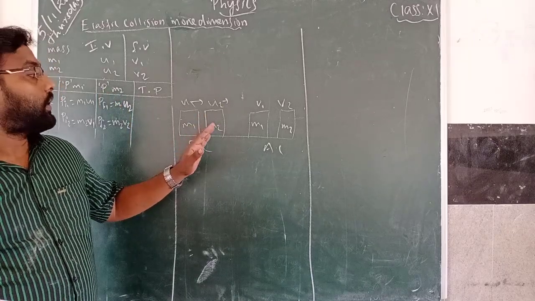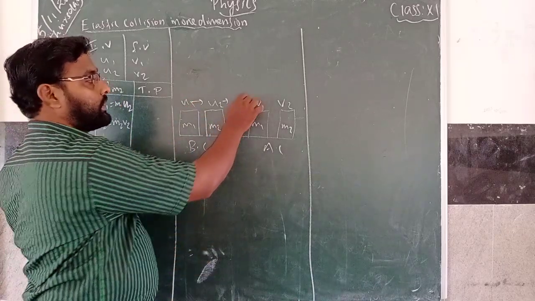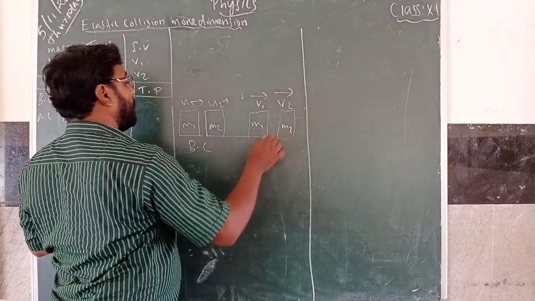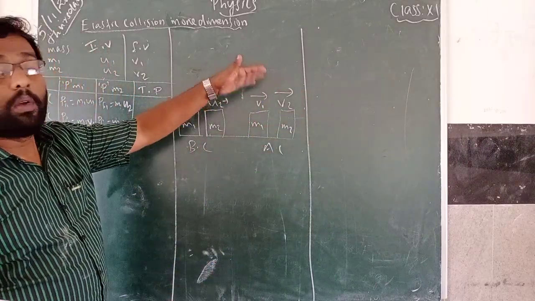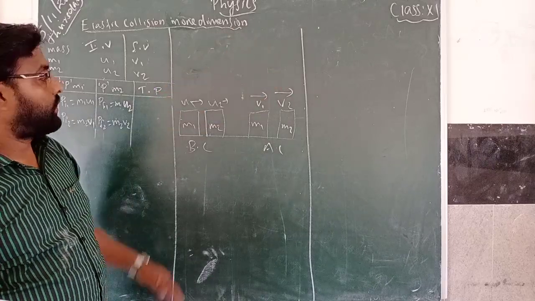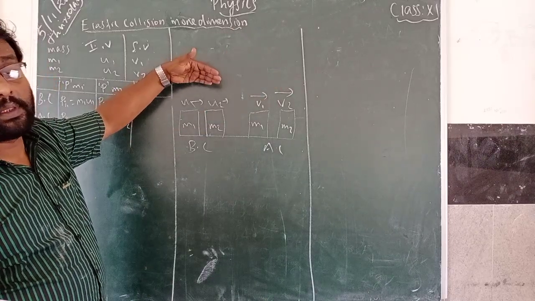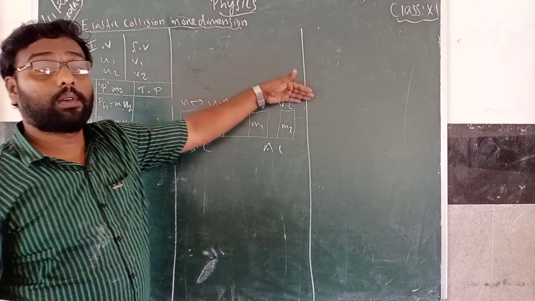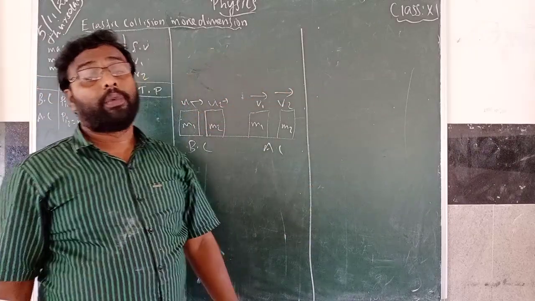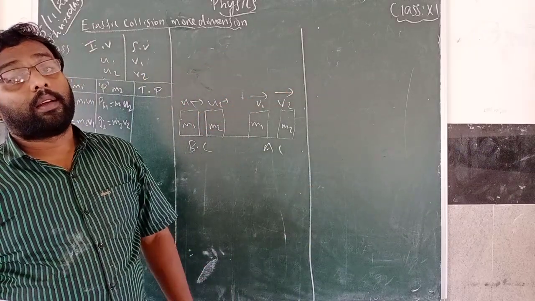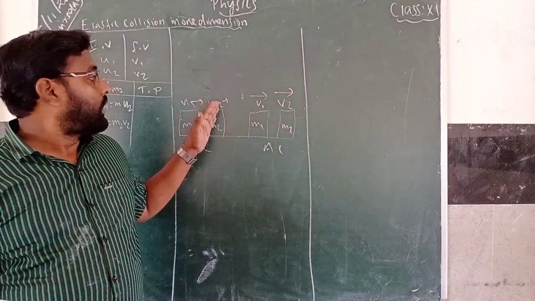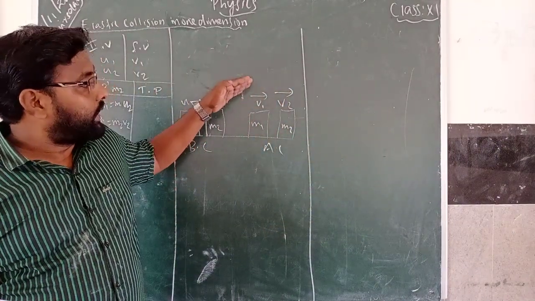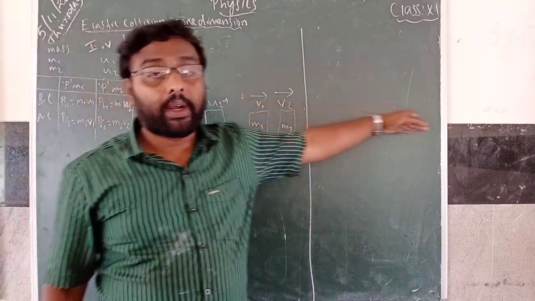When they hit, the velocities change. Here the initial velocities are u1 and u2, the final velocities are changing to v1 and v2. When it hits, it moves in this direction.